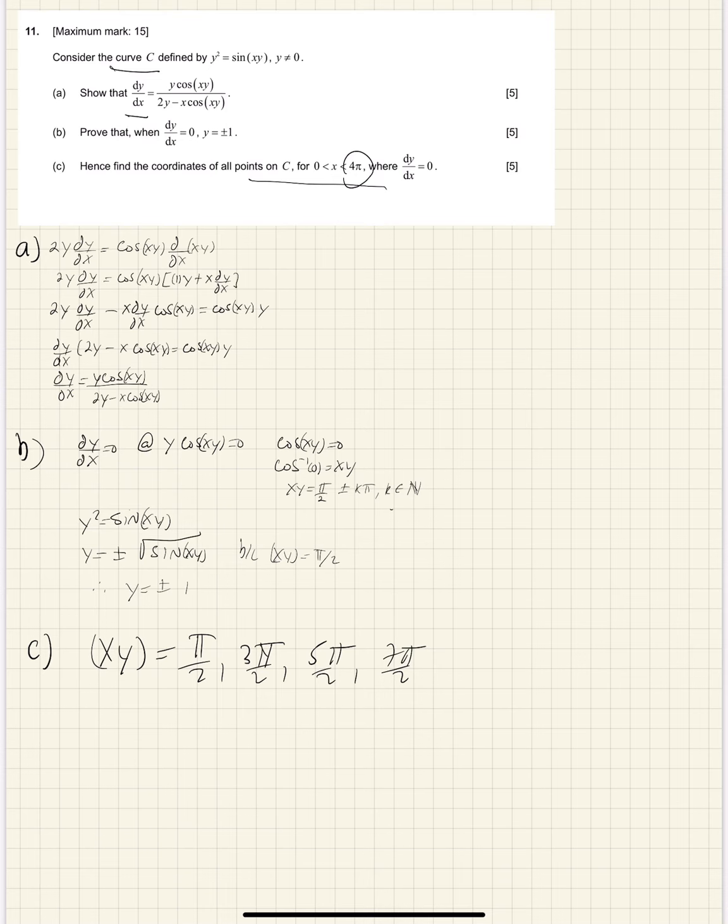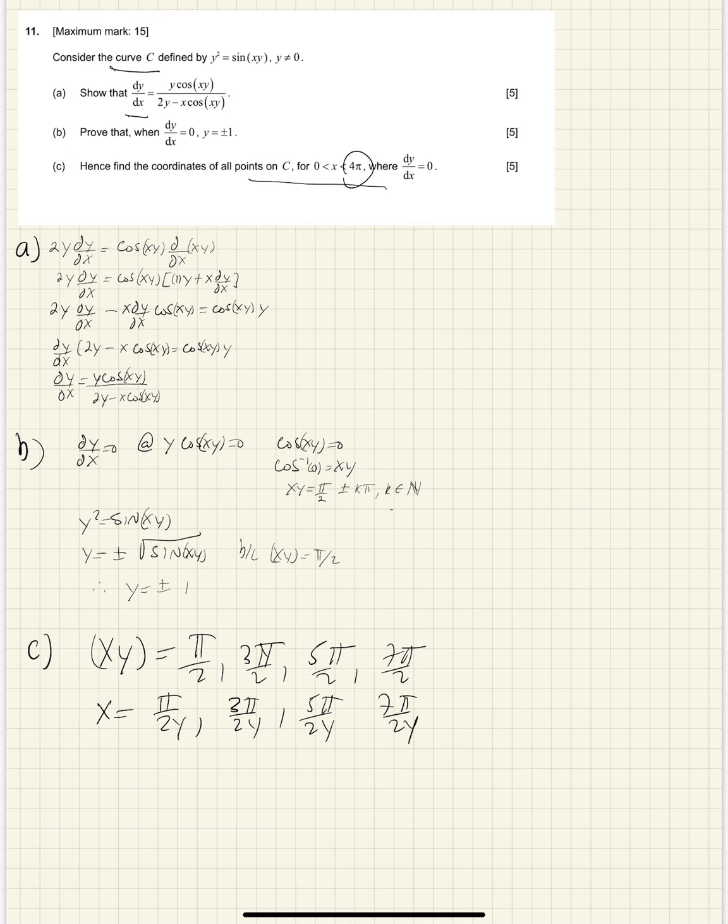Well, xy is equal to that. X, therefore, equals pi over 2y, or 3 pi over 2y, or 5 pi over 2 divided by y. Does this make sense? Let me erase this piece.